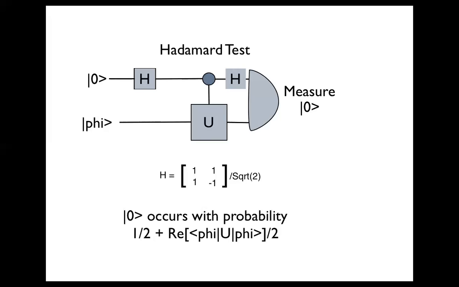I have to take each basis element as the input and run it through and get the statistics for each basis element, and then I can add them all up, and as you see, I will get the real part of the trace. And then I can modify this whole thing by tweaking one of the lines a little bit, and I can get the imaginary part of the trace, and then I will be able to get the whole trace. So that's a lot of work, it would seem, just to get the trace of a matrix. But in fact, it's not bad as quantum algorithms go.